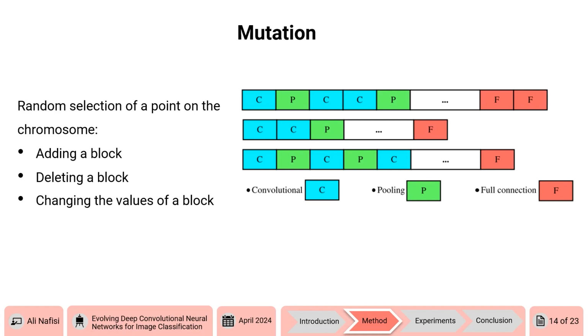And with 33%, we may delete that block that we selected with a random index, or with 33%, we may change the values of that block. Actually, we change it randomly, so there's no logic or heuristic behind that. That is the mutation operator.